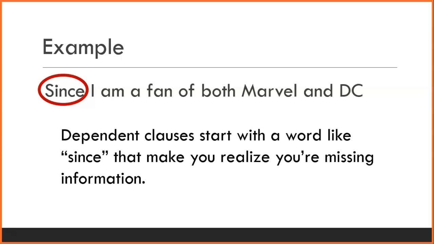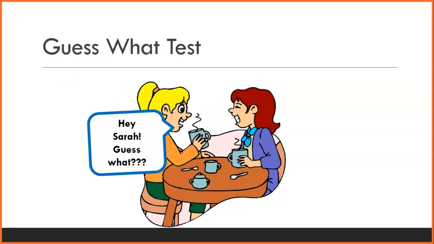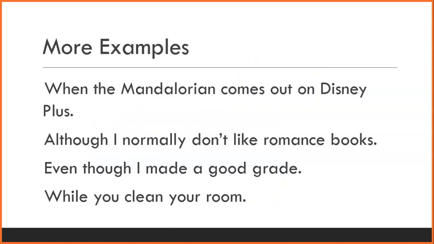Dependent clauses always start with a word like "since" that makes you realize you're missing information. So here's my guess what test. Hey, Sarah, guess what? Sarah's going to say, what? Since I'm a fan of both Marvel and DC. What about Marvel and DC? Where are you going with this?